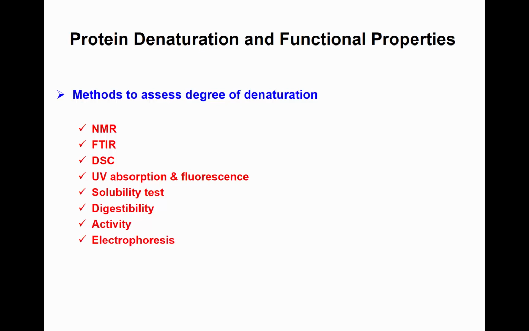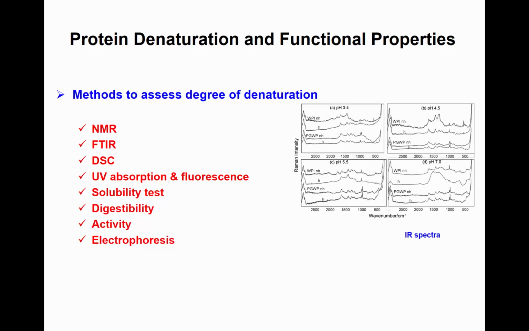NMR, nuclear magnetic resonance, can detect changes in structure, of course, because it's a very highly sophisticated instrument for structure characterization. IR, here's an example of Raman spectroscopy, which is in an IR spectra, infrared spectra. You look at structural change, which has to do with molecular or functional groups.